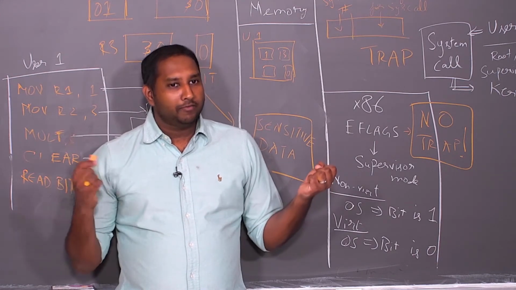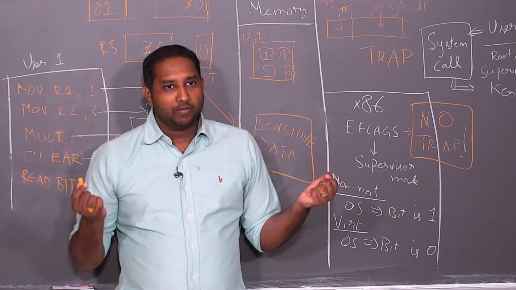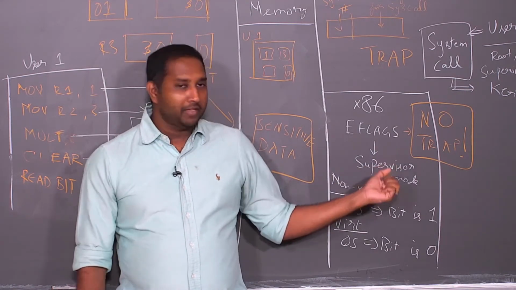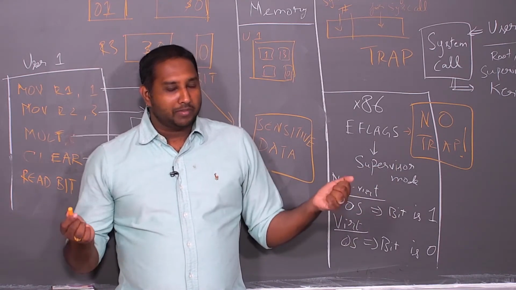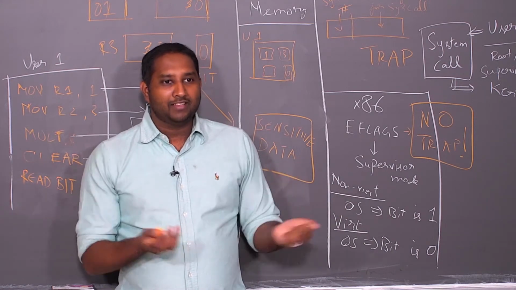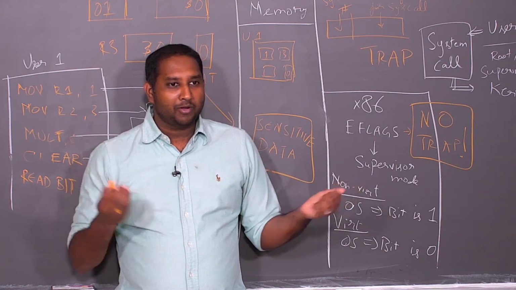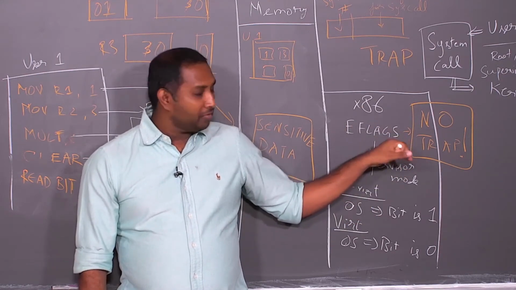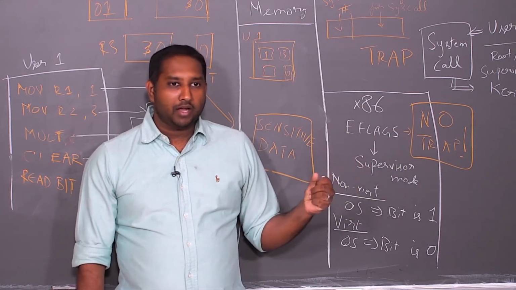So how do you fix it in x86 if you're trying to create virtual machines? You have to trap on everything, because otherwise it's a big security hole, right? You're running a virtual machine, it reads Eflags, then it sees that it's not a supervisor anymore, big problem. So because of this, x86 was not considered a virtualizable architecture.